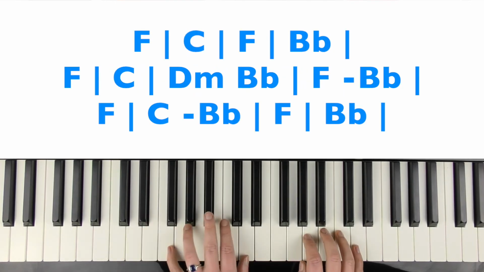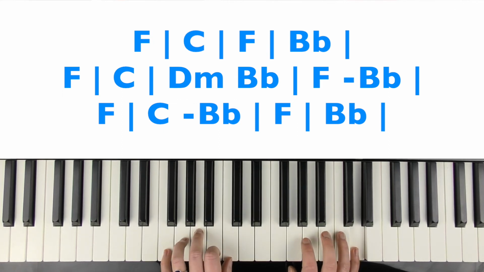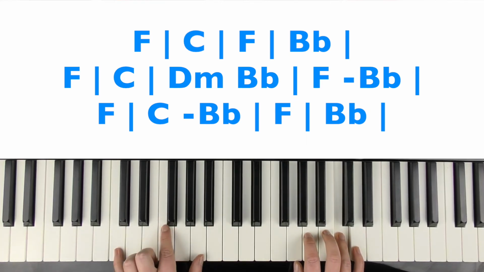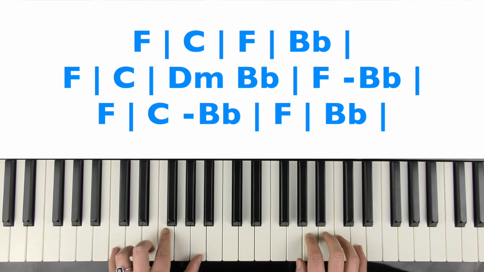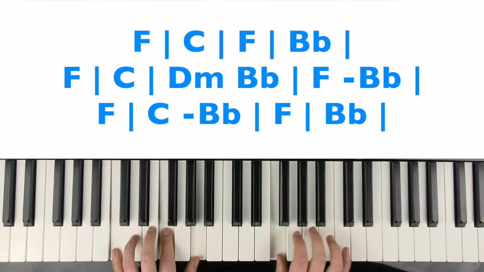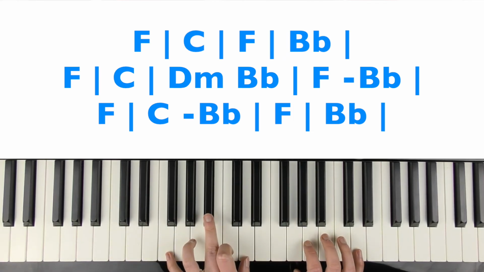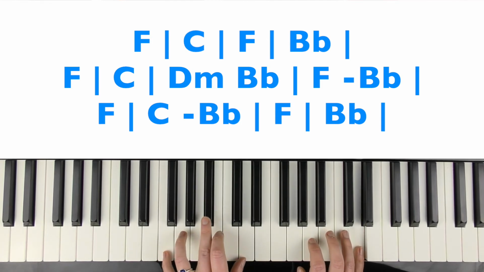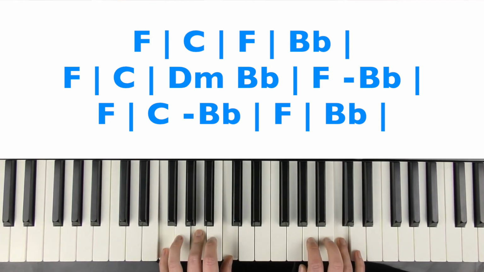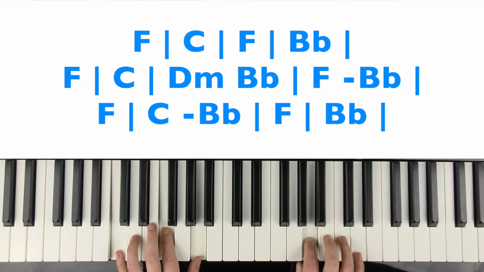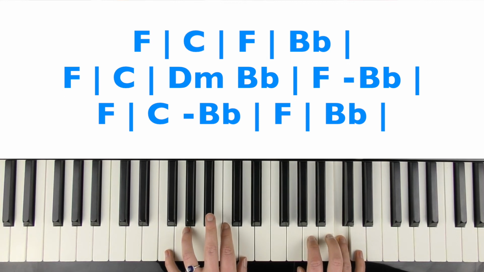So for the next bit, so we're going to come back to that B flat major chord with the D, and then to the F major chord with that C. Move to that F major, the C chord again, back up to that B flat major chord with the D, to the F major with the C. To the B flat major chord again.